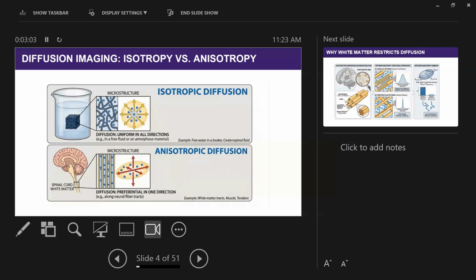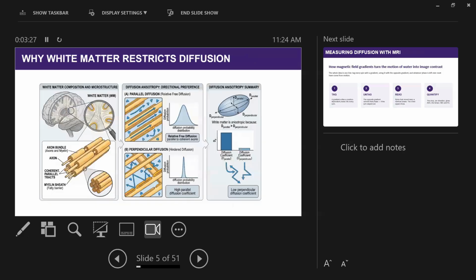In this case, because they have no restriction, the water molecules will move in any direction. However, we will see it is not always the case in the whole brain, because some water molecules are condensed in some structures, so they do not have free movement, and they move preferentially in one direction.